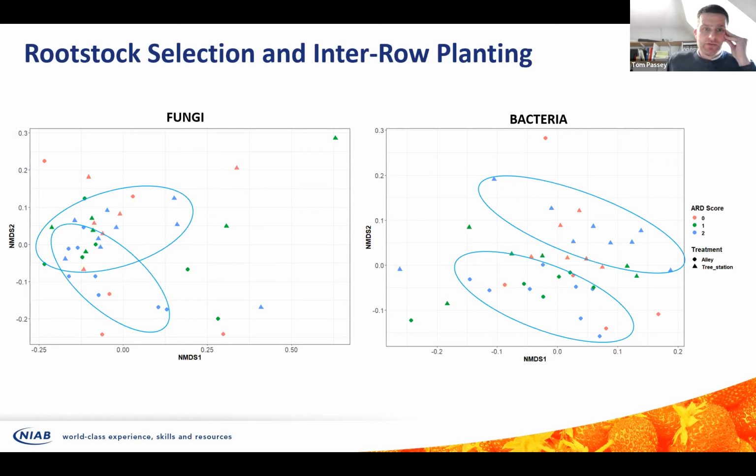You can see the groupings in the circles on these two figures of the fungi and the bacteria, where the triangles show the tree stations and the circles show the alley trees. The community profiles of what's living in the soil closest to the root is quite different between those two groups.